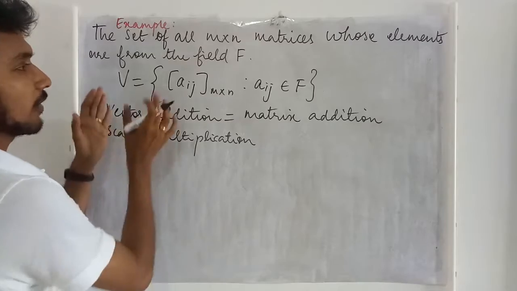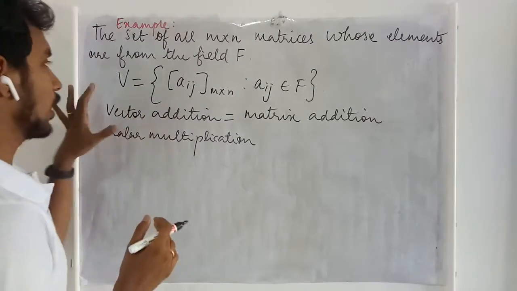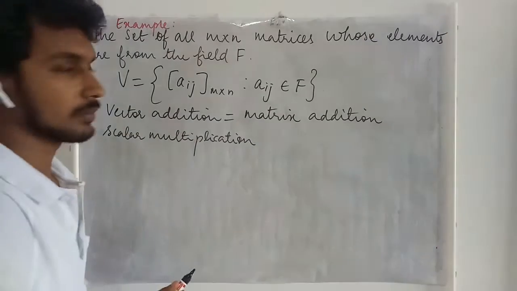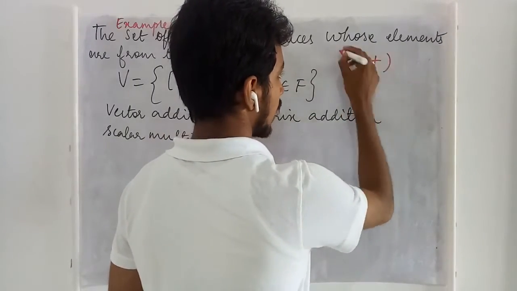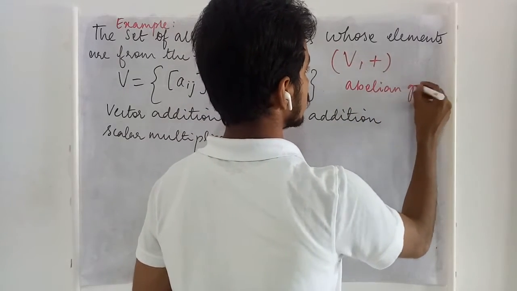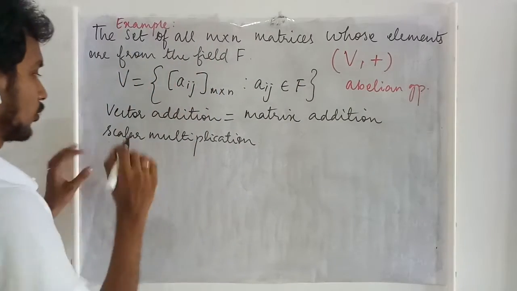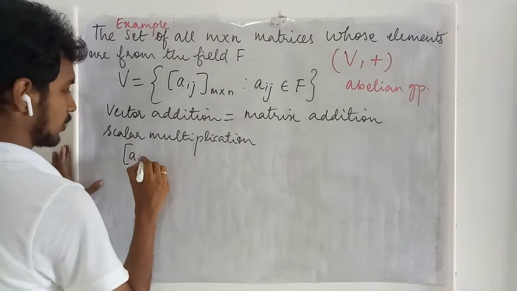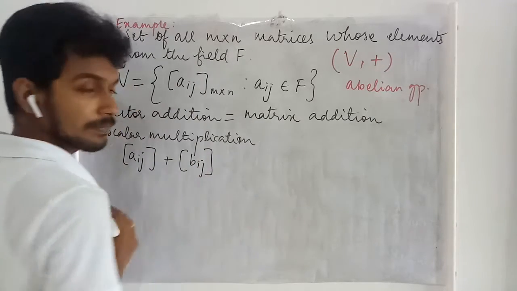If we have to prove this is a vector space, what are the things we have to check? We have to check that V with respect to the matrix addition is an abelian group. Now, let me have Aij to be added with Bij.